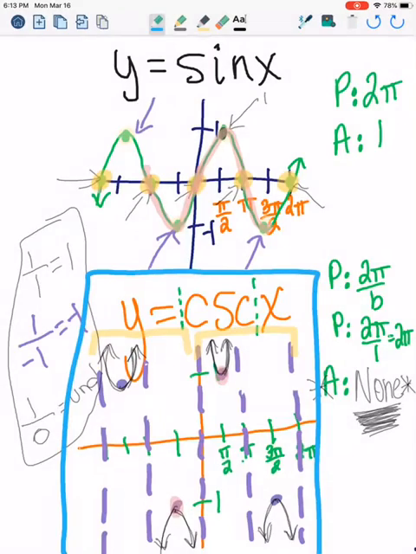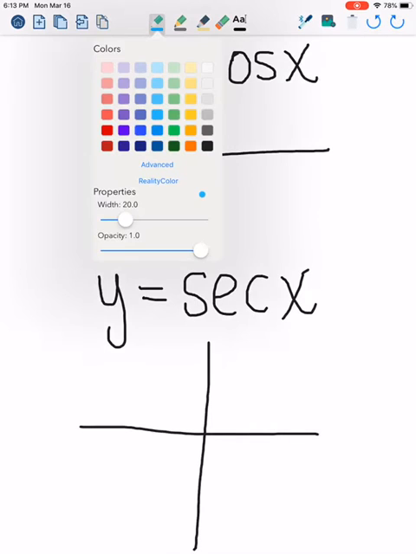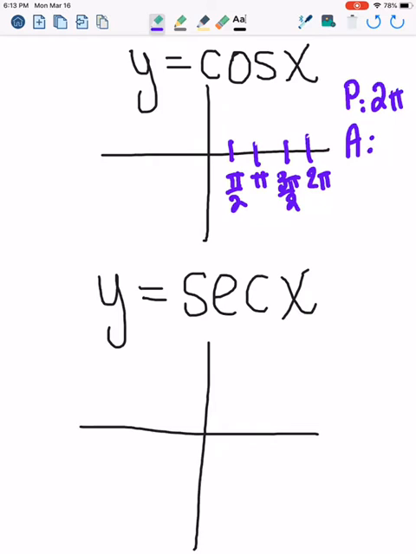All right, so now we're going to do the same exact thing for cosine. I'm going to go ahead and review cosine. I think we're all pretty good about this one as well. So our period is 2 pi and our amplitude is 1.